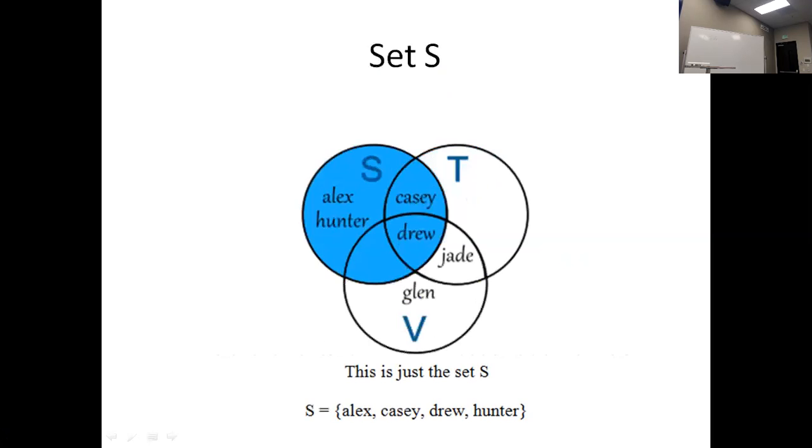Now, let's look at set C. Set C is Alex, Casey, Drew, and Hunter. There are four members that play soccer, but Casey also plays tennis. Drew also plays tennis. Okay, those two.